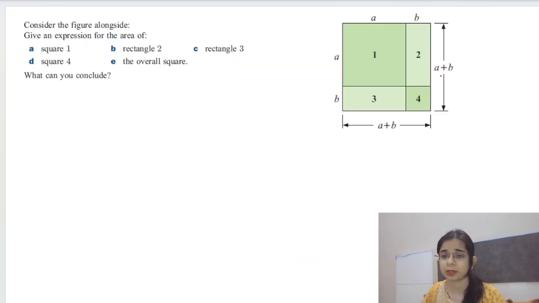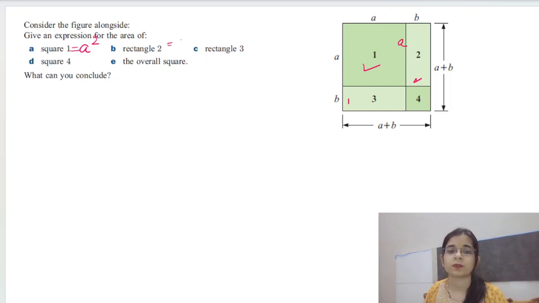Now this is the geometrical interpretation of this formula. (a plus b) whole square. Here what is this? This is a square having length a, so area will be a square. Then second is a rectangle having b, and here this is a.